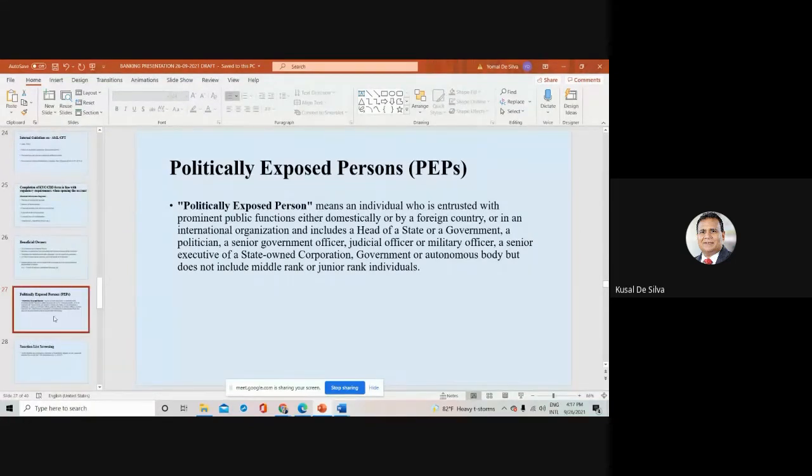So this is a very detailed document, and it has clearly articulated the ranks.